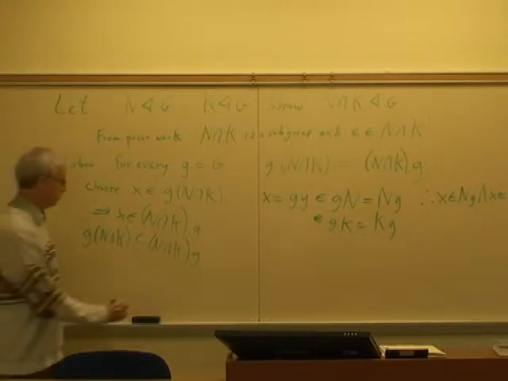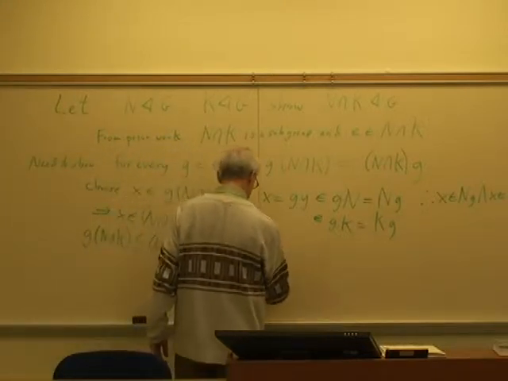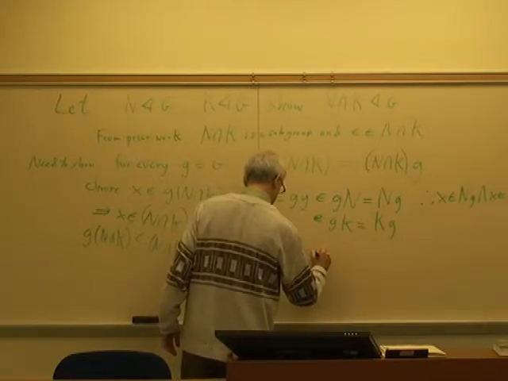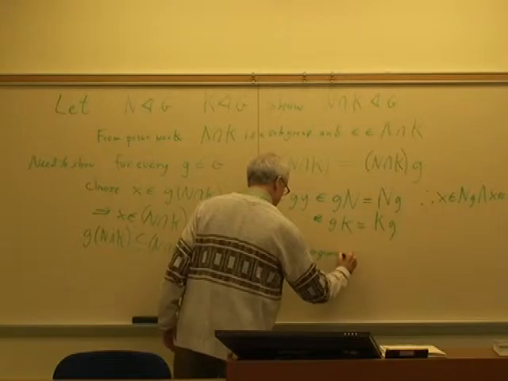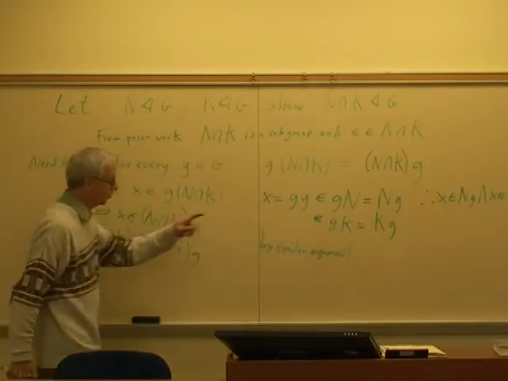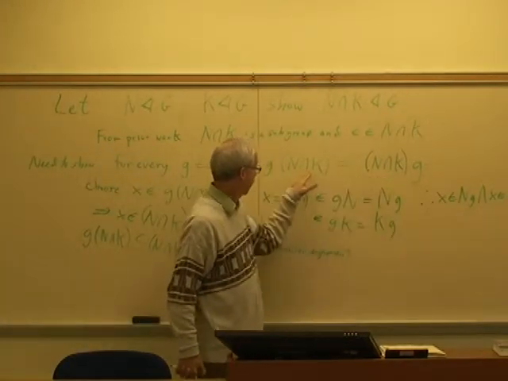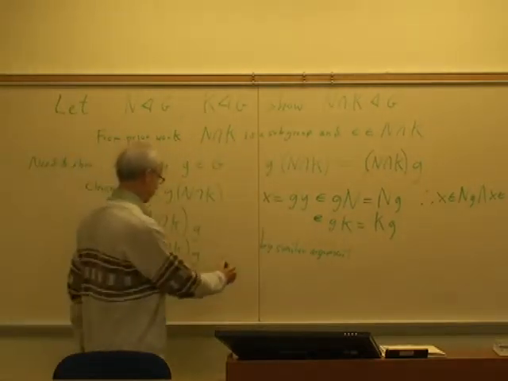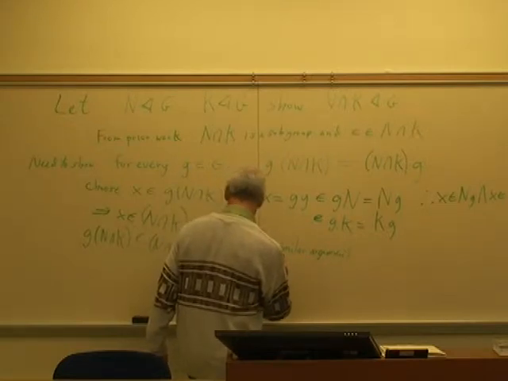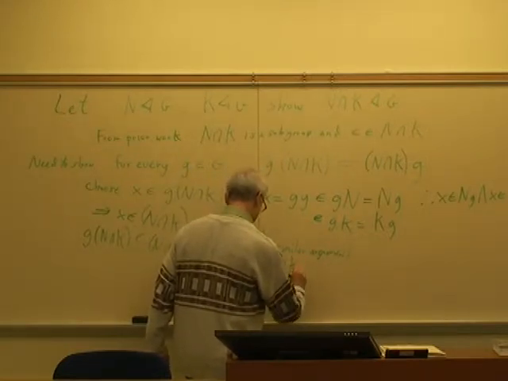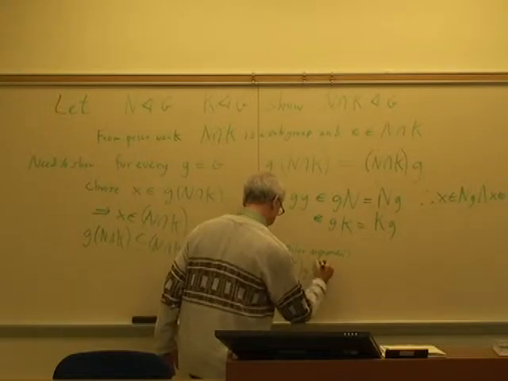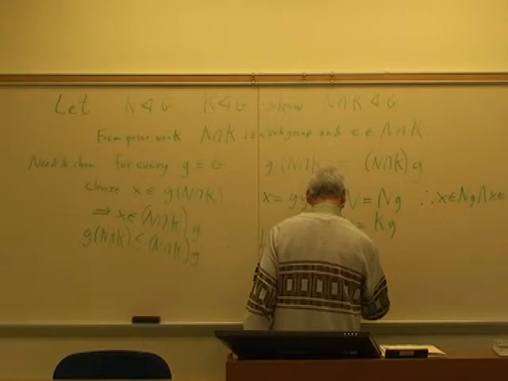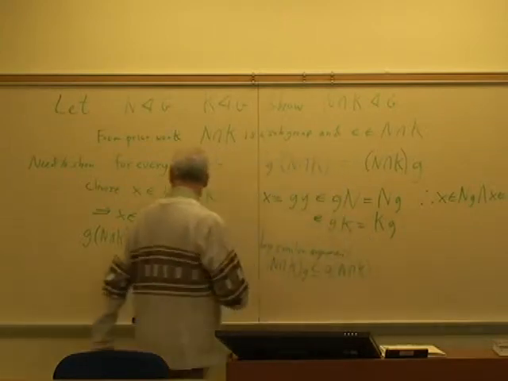And if we go backward by a similar argument, where we start by assuming the element's in here and show that it must be in here by reversing the flow of these arguments, we can show that (N ∩ K)g lives in g(N ∩ K).